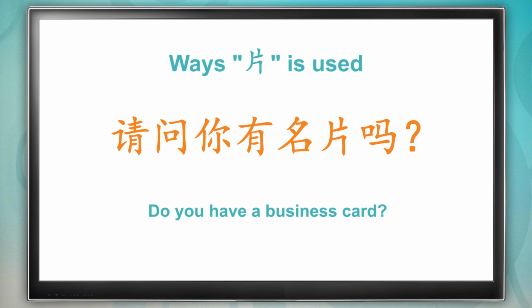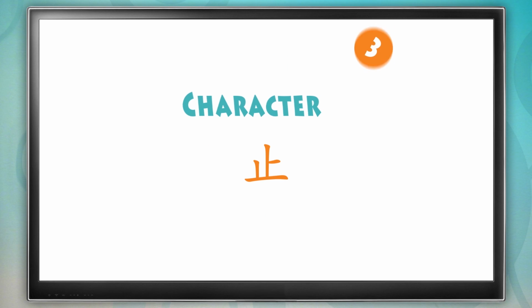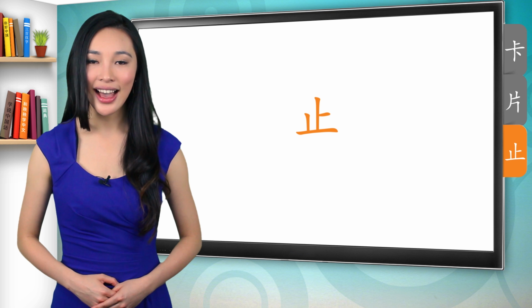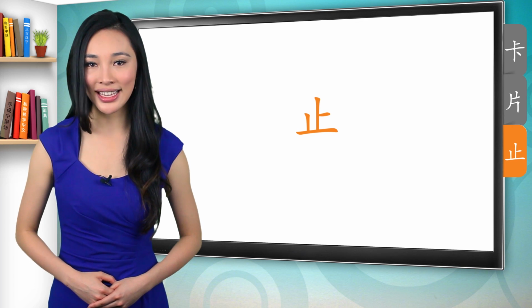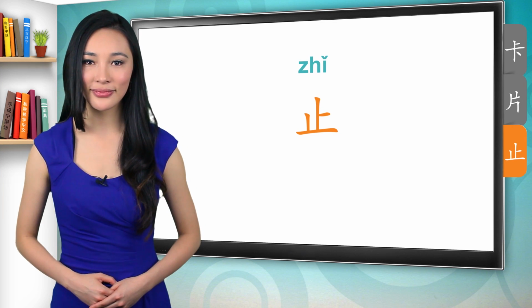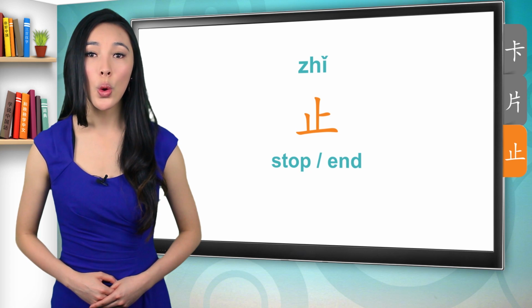Alright, now let's take a look at the last character in this lesson. Our last character for this lesson is 止. It means stop or end. This is how 止 is written, stroke by stroke.